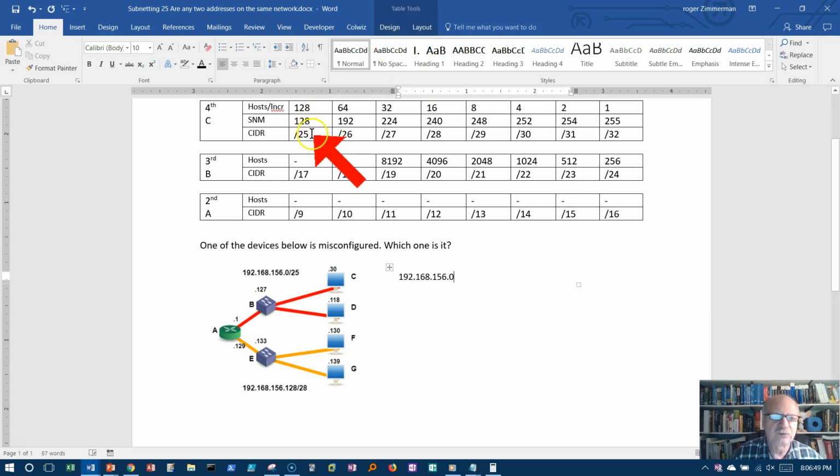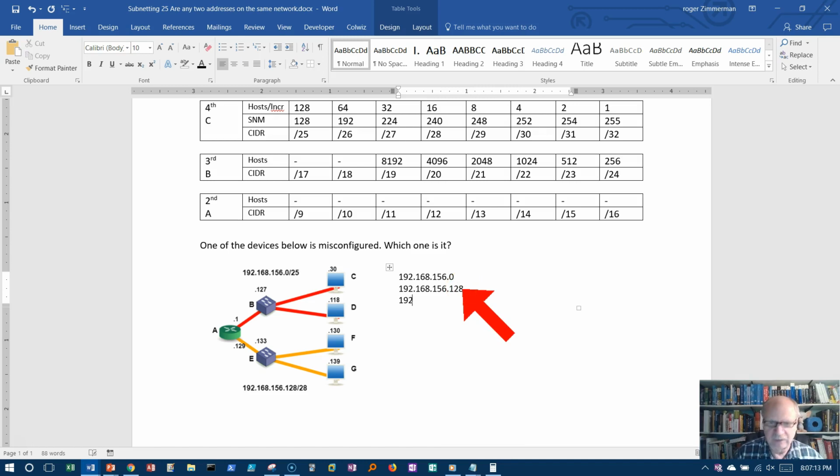Now we know that the /25s, which we have here, the increments are 128s. So let's go ahead and increment this by 128. 192.168.156.128. So remember, this is in the 4th octet. So we're incrementing in the 4th octet. What would the next one be?